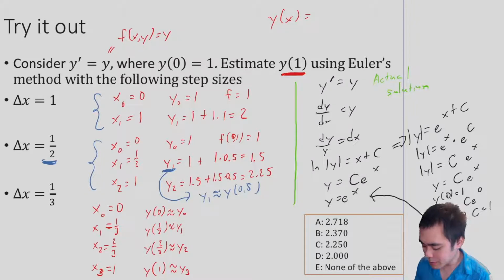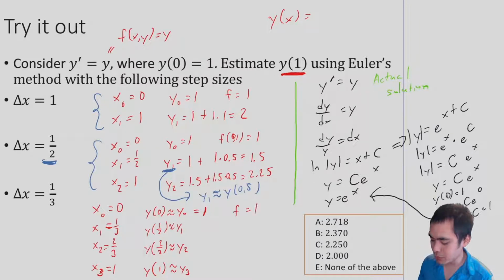We know that y of 0 happens to be equal to 1, and that's by assumption. And we know that the initial slope is also equal to 1.